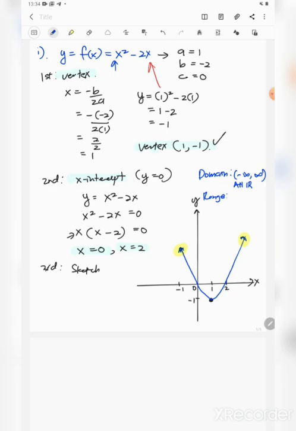The range will be different, because for the range normally we look at the bottom side of the graph, right? So for the bottom part, now we have this side. The lowest point is actually the vertex point. So that's why it is very important to find the vertex, because it shows the lowest point of the graph. So now the range will start.